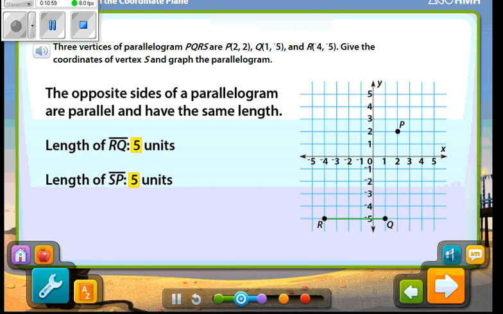How can you use the length of line segment SP to find the location of point S? Start at point P. Move horizontally 5 units to the left. Plot a point at this location.